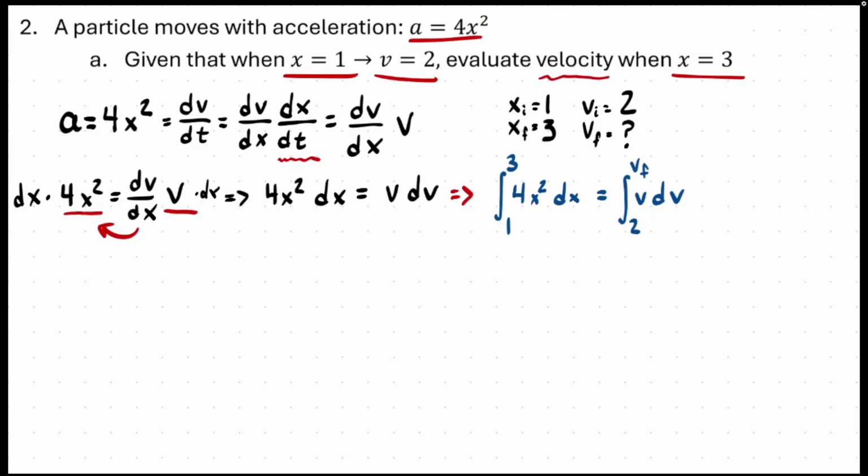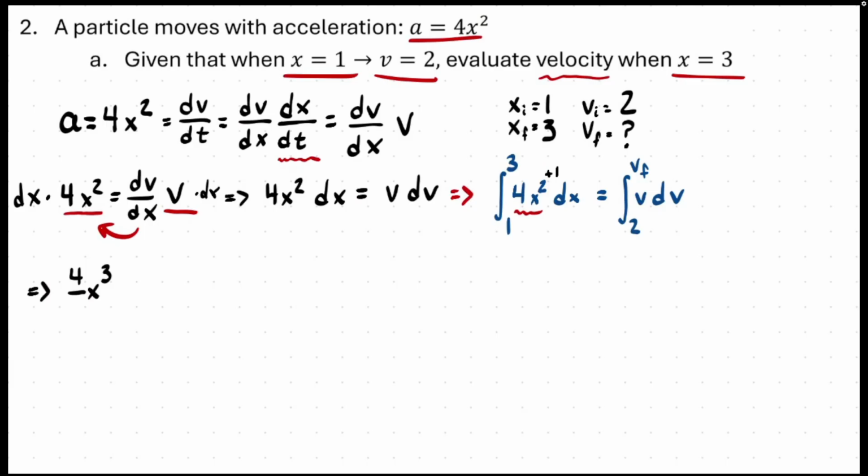All right, now we can start solving. So let's solve down here. From our reverse power rule, if we do the left side first, we add 1 to the exponent and divide by that number. So that's going to become 4 divided by 3 times x, where the exponent is 2 plus 1, so 3.